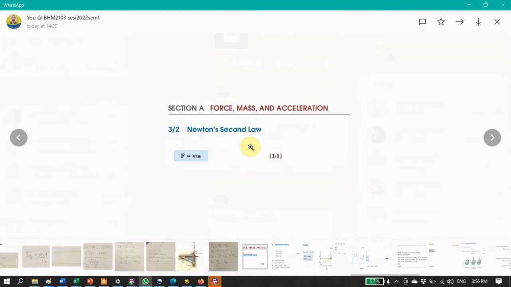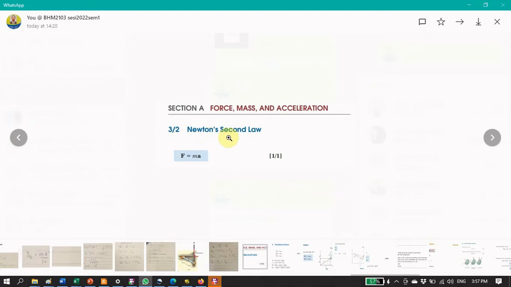As usual, in order for us to look at the kinetics problem that can be solved using the force, mass, and acceleration relationship, we have to look at a system that can be modeled as a particle, right? This topic is covered in Professor Meriam's book in chapter 3.